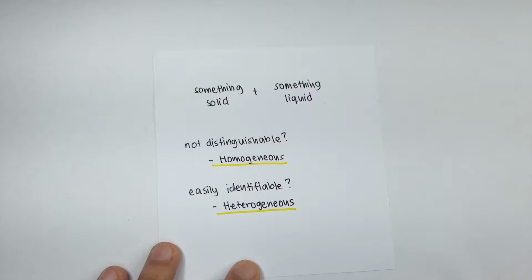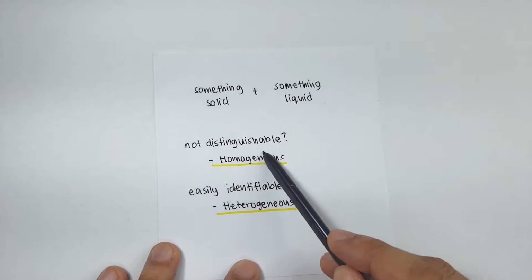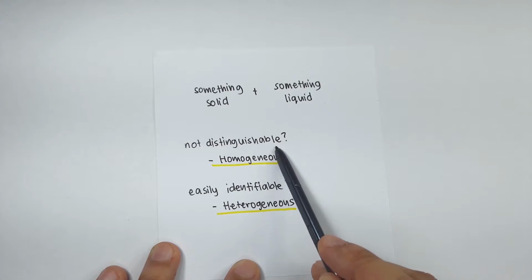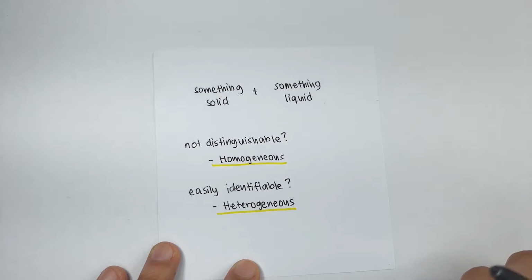Tama? So kapag yung something solid mo ay hindi mo na siya ma-distinguish after mixing, then that's considered as a homogeneous mixture. For example, salt and water. After mixing, you can no longer visibly see or distinguish ang salt dun sa water.